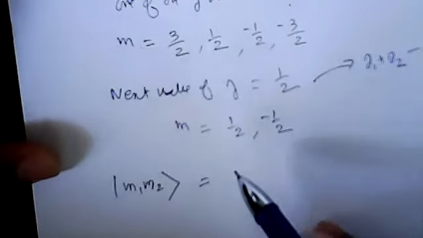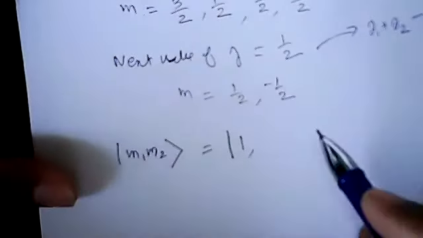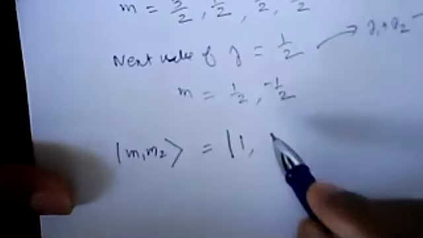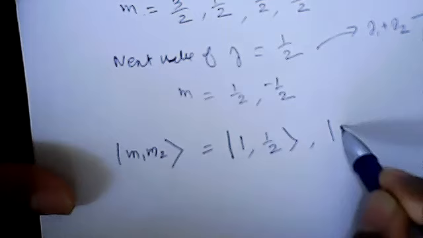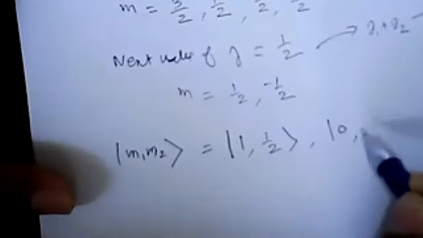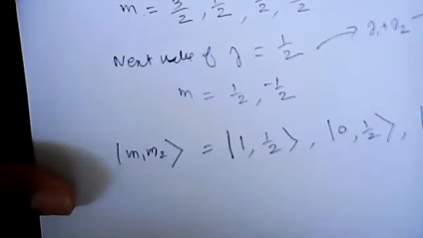M1 equal to these 3 values combined with these 2 values, 6 values. So M1 equal to 1, half, then 0, half, then minus 1, half.